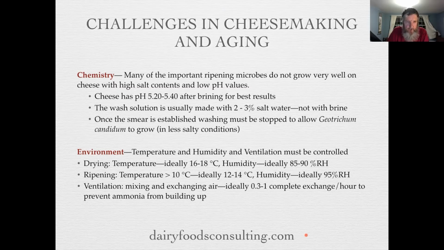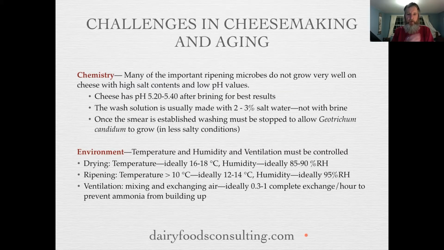Then let's take a look at the environment: temperature, humidity, and ventilation. These are the things that must be controlled, and I've got some values there for the ideal parameters.